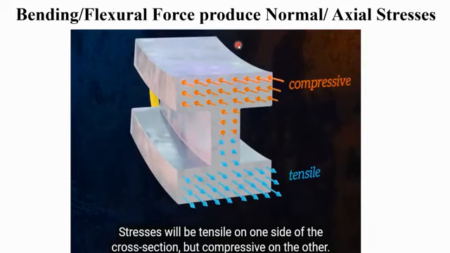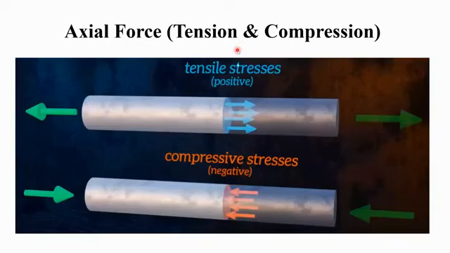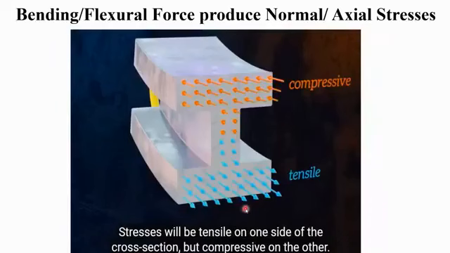if we go back, we see the whole cross section will experience either tensile stress or compressive stress. If my force is tensile, it will have tensile stress. If my force is compressive, it will have compressive stress. But in case of bending, it is different.